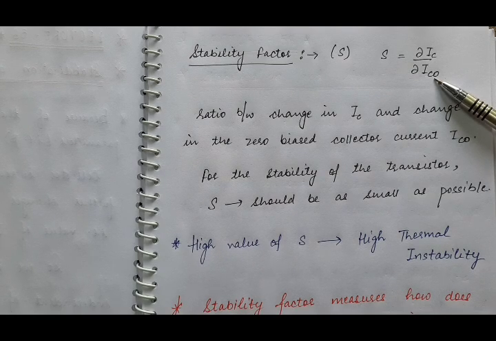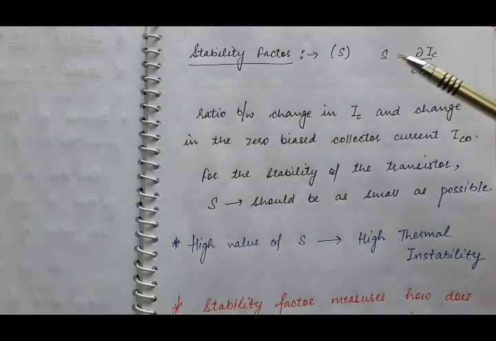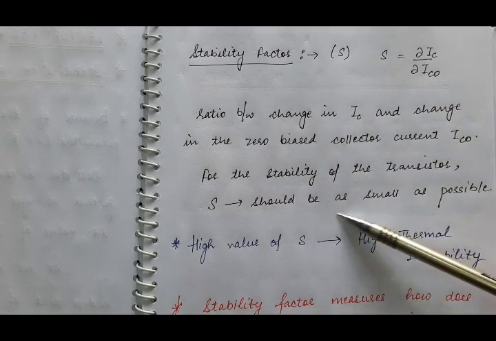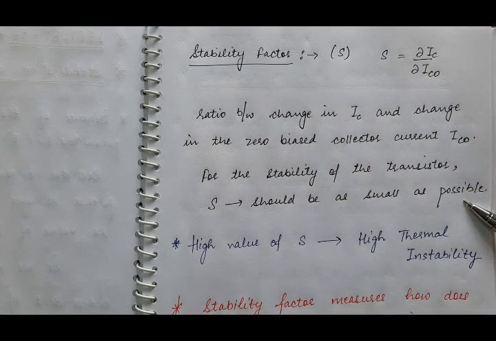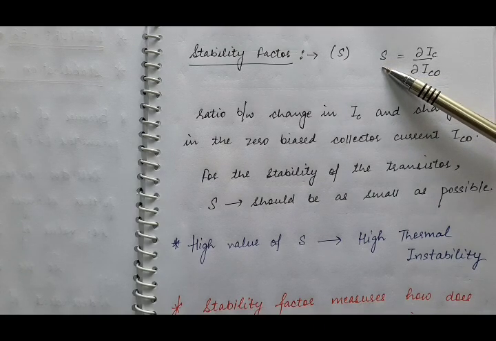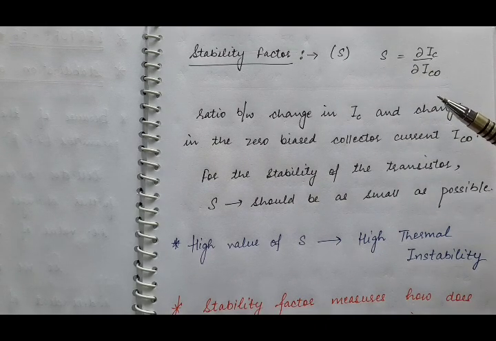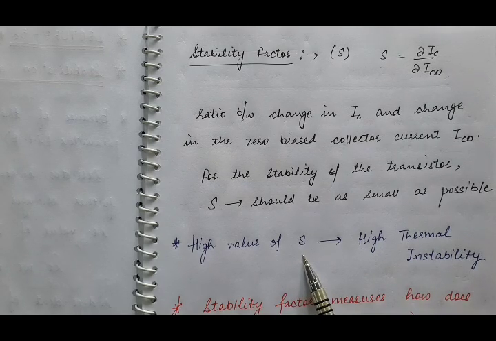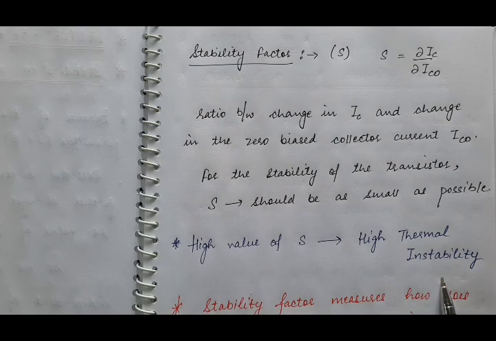So for any transistor and its operating point to be in a stable condition, this S should be as small as possible. If the value of S is high, it will cause thermal runaway of our transistor. It means the transistor will be thermally unstable. Or you can say that a high value of stability factor S means higher thermal instability of the transistor.